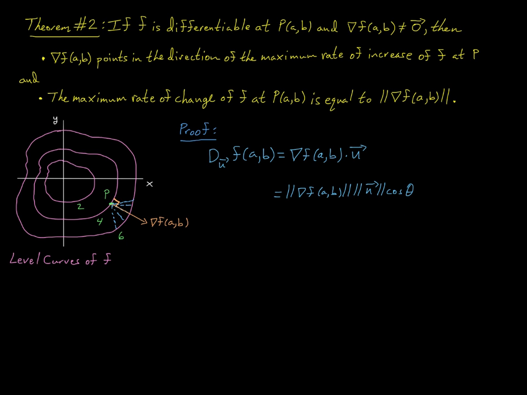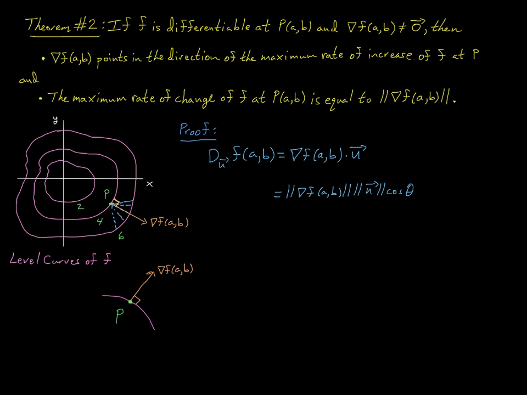Okay, so over here I'm just going to draw a little side picture to help us. Let's say here is our level curve, and here I am at P. Here is our gradient, and we know from the last theorem that this is perpendicular.